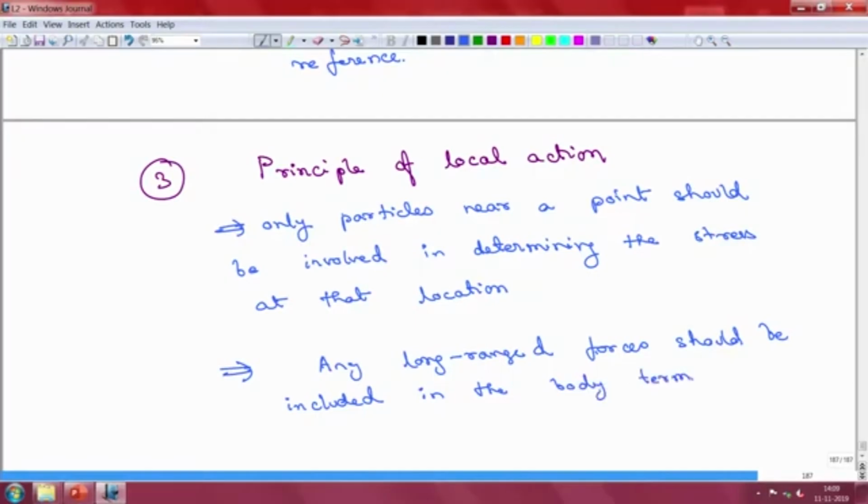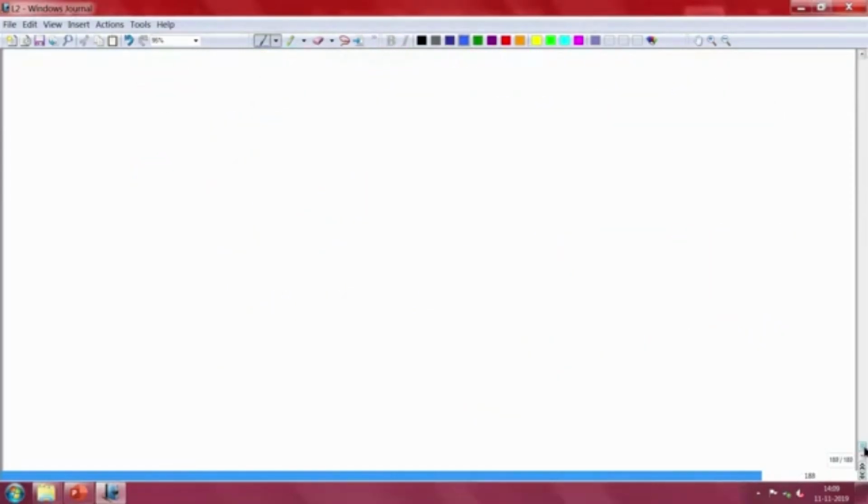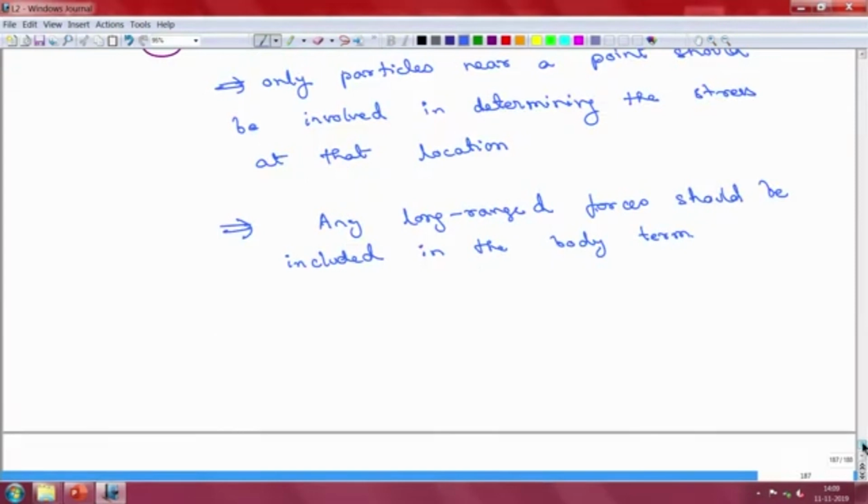So this is where we separate the action of the far away system versus the local neighborhood. Because we know that, for example, gravity does have a role, and gravity from far away bodies can have a role in determining stress, but that is considered as a body force term. Right.